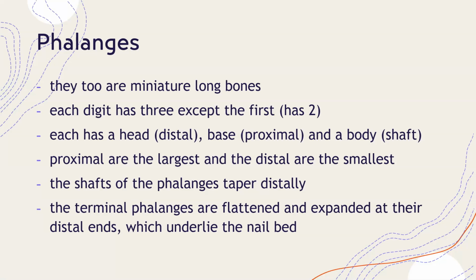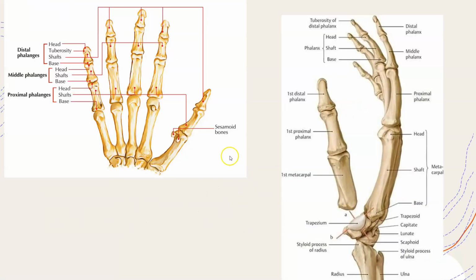The most distal phalanx, the very tip of the distal phalanx, the bone is flattened and expanded at its distal end, and that expanded, flattened area lies right underneath your nail. So you can see here in both drawings, the most distal portion of the distal phalanx, so again, proximal, middle, and distal, you can see it's expanded and flattened.